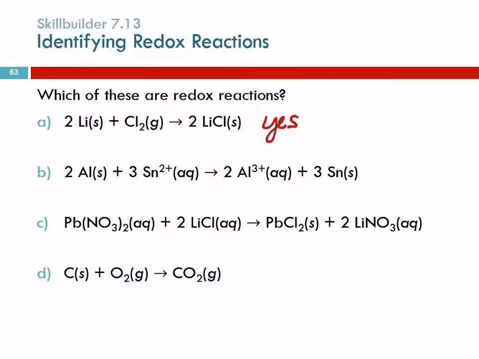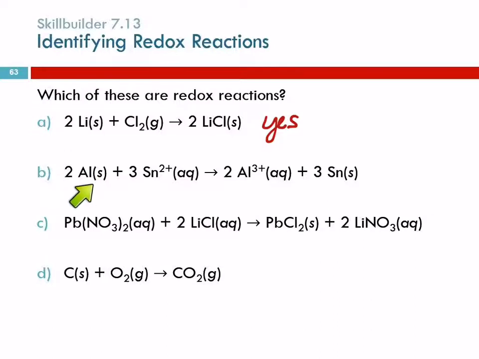How about this one? We've got aluminum plus tin ion forming aluminum ion plus tin, the element. What's happening when aluminum goes from an atom to an ion? Does that involve electrons? Yeah.